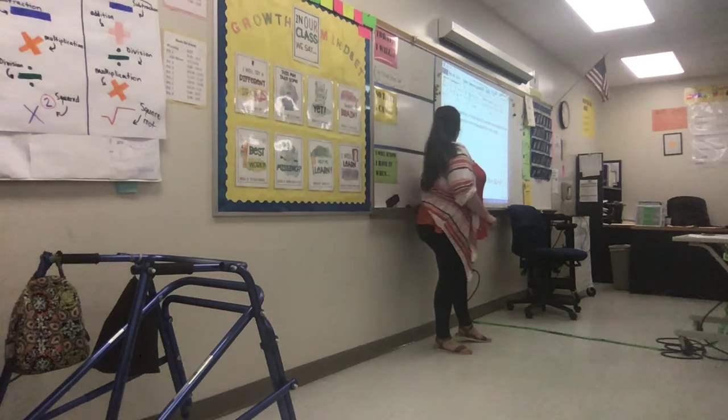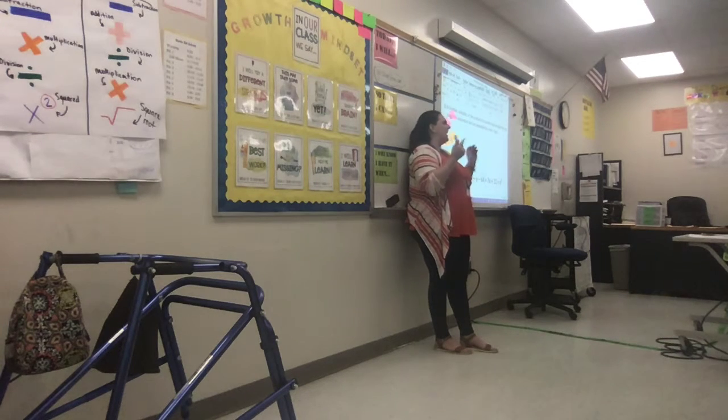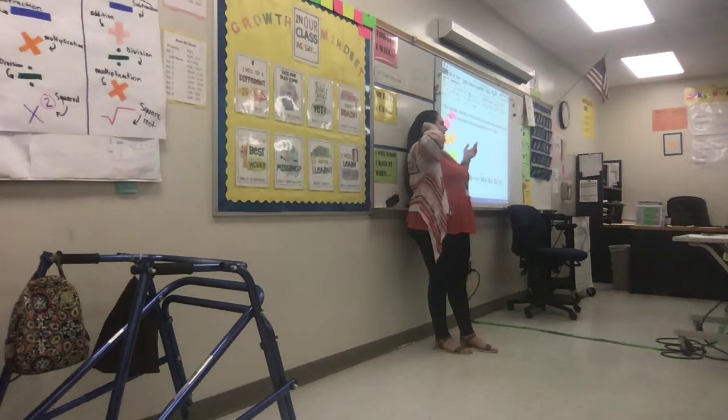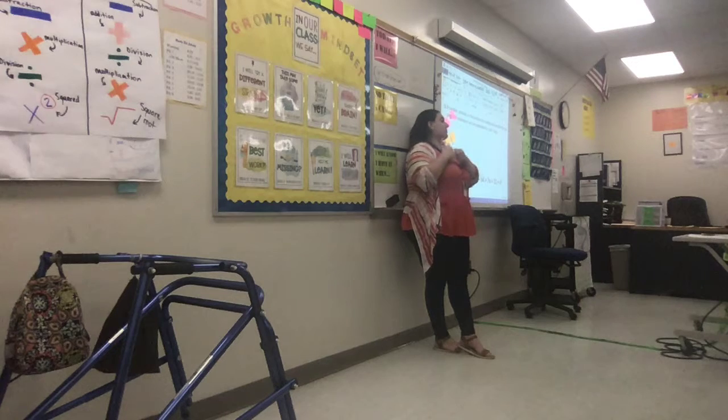What's the difference, though? One has an x and an exponent, and one doesn't have a variable, right? So which one of these would be a coefficient? The one with the variable or without it?